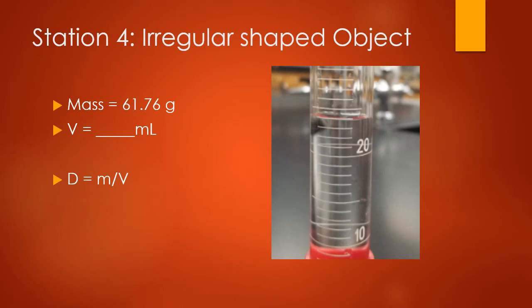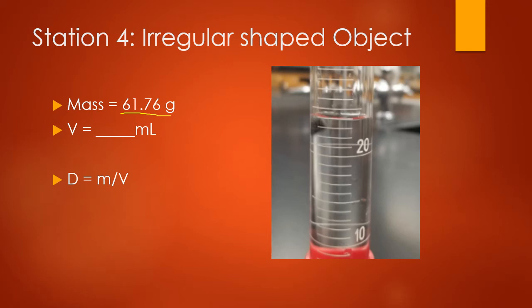Now let's look at the data collected. The mass of that irregularly shaped object when put on the scale was 61.76 grams. To figure out the volume, you'll notice in your lab manual it says volume of water displaced, and then it has V equals. What goes there is the volume that you're reading from this graduated cylinder.